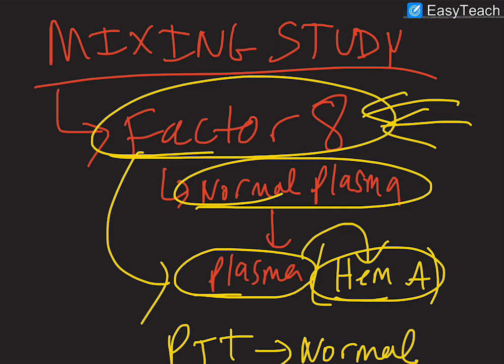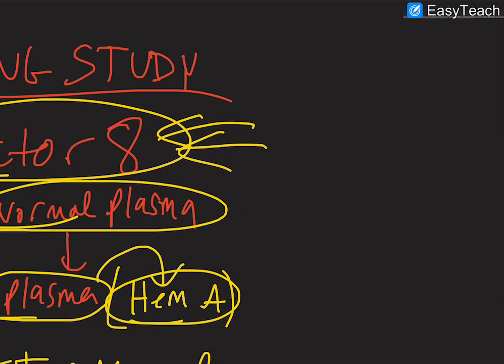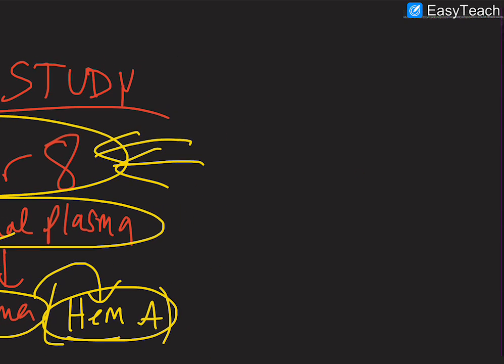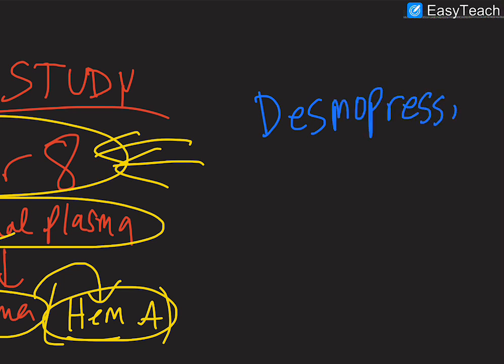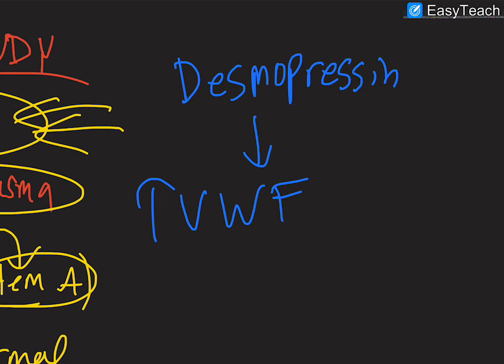Okay, something else that we could mention that just came to mind is in terms of the treatment. If you have minor hemophilia A, right, then you have a minor deficiency in factor VIII, right? So you could give this patient desmopressin, because remember what desmopressin does is it increases von Willebrand factor, right? And von Willebrand factor, we said, stabilizes factor VIII.